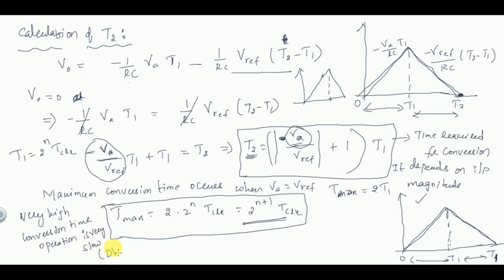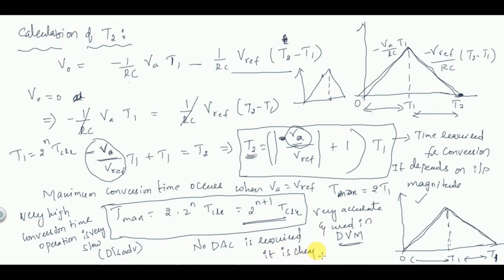So this is the disadvantage of this ADC circuit, but the advantage is that it is very accurate, and it is used in DVMs, digital voltmeters. So this dual slope ADC is used in the construction of DVMs. One more advantage is that no DAC is required, we haven't used any DAC circuit in this, and hence it is cheaper.